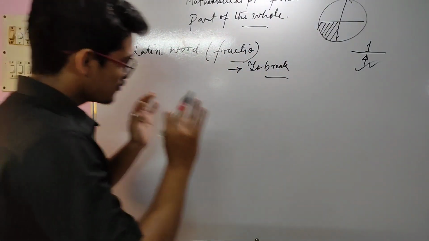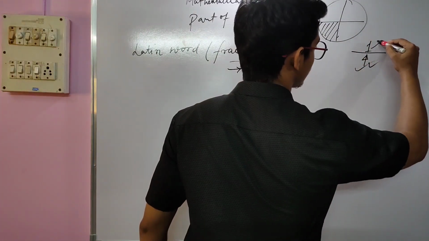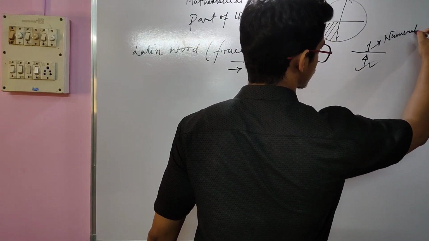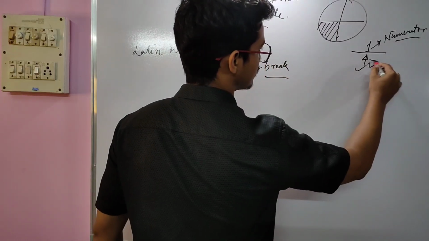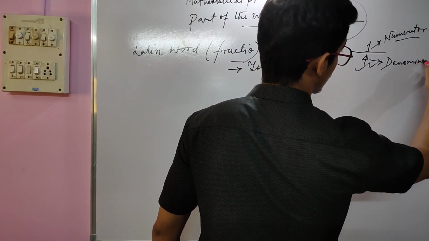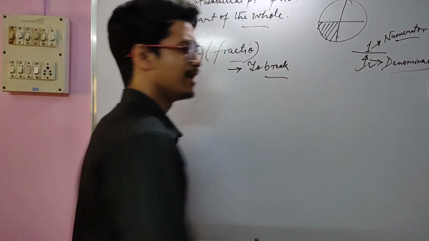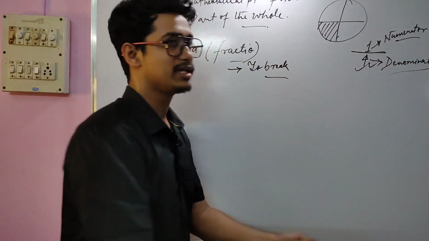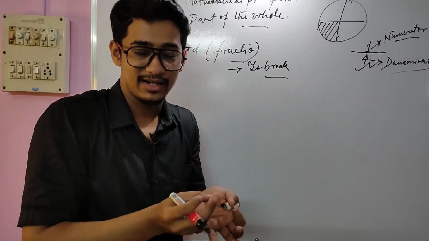Now if you see, 1 is called as numerator and we know that, right? And the 4 is called as denominator, right? And we know that this line in mathematics is called as divided form, right?